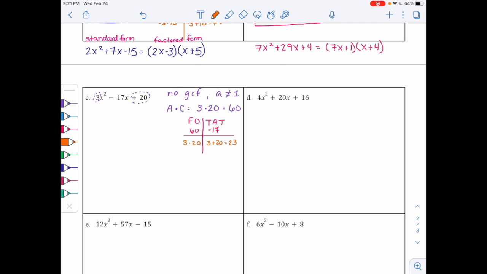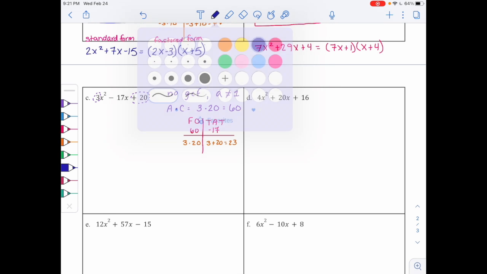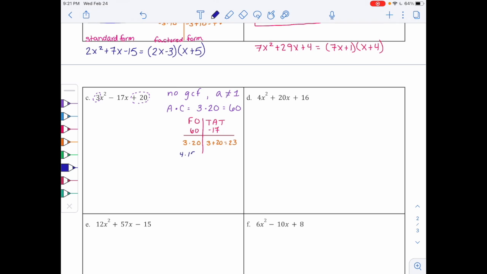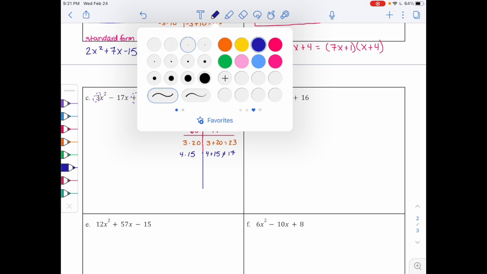Some other options. 4 times 15. If I add those, you don't get 17. I know I want negative 17, but I'm just trying to work through this a little bit. Let's see. Divided by 5. Well, that might work.